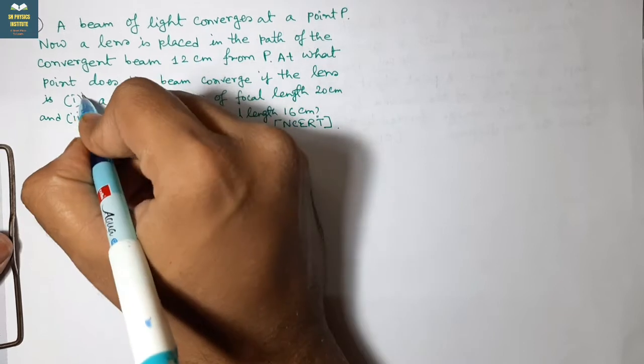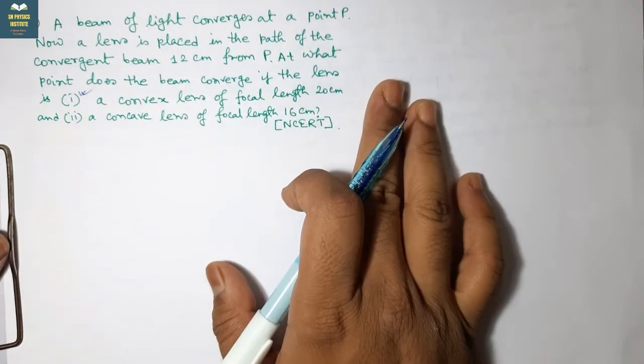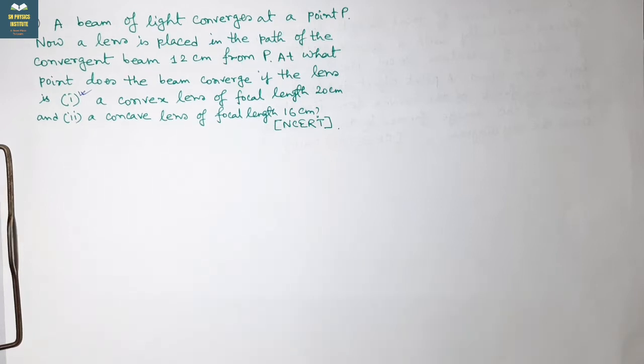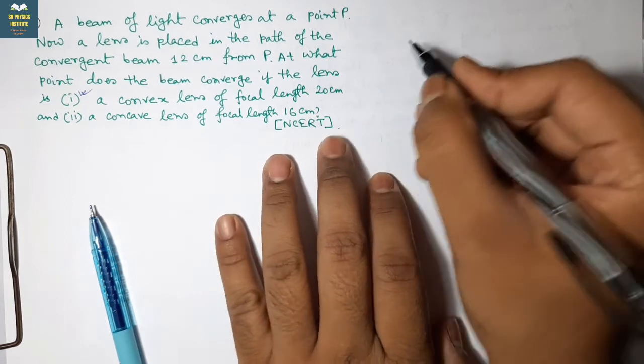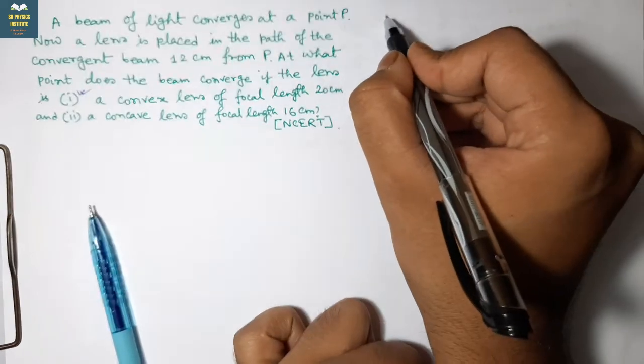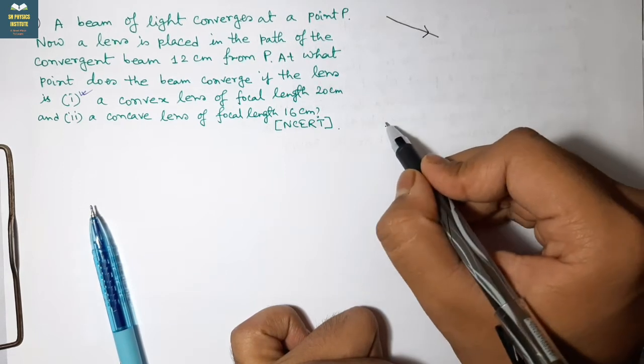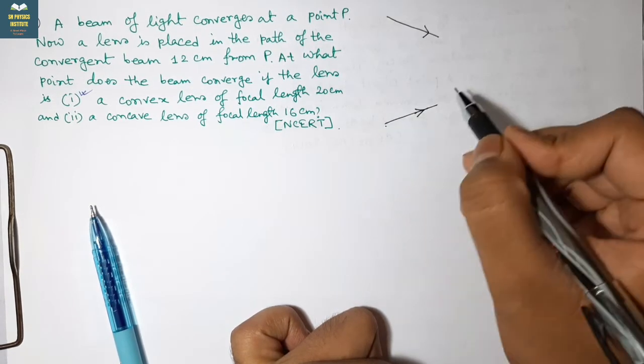So first, the question is giving that a beam of light converges at point P. So let me consider this is the convergent beam.